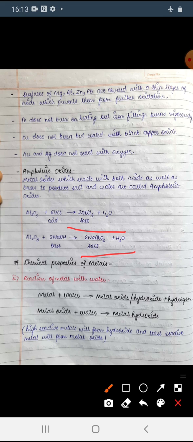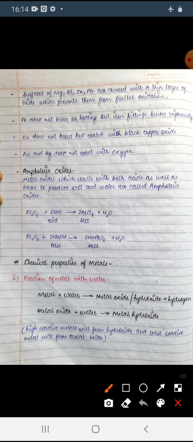Now, chemical properties of metals. The second reaction is the reaction of metals with water. Till now, we have seen the reaction of metals with air. Now we are going to see the reaction of metals with water.